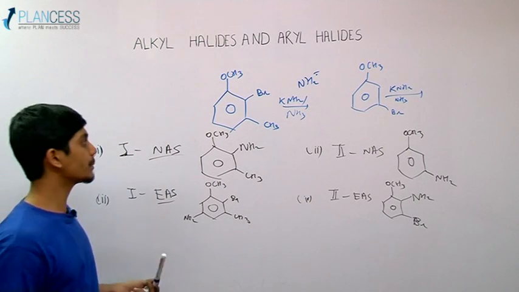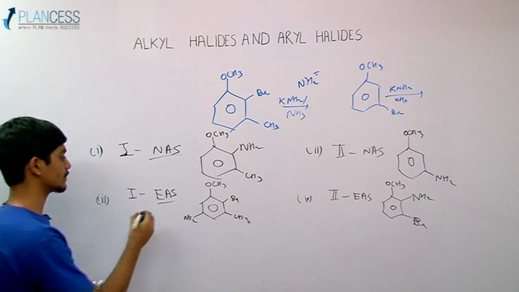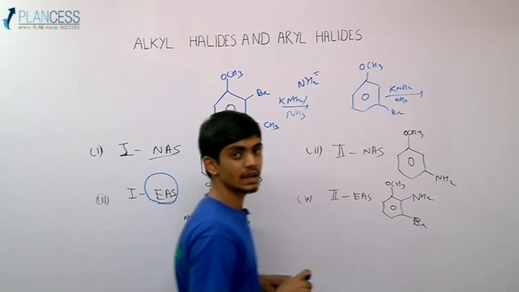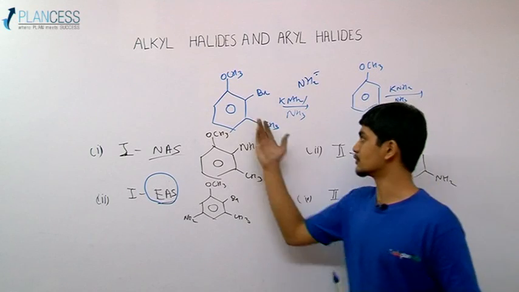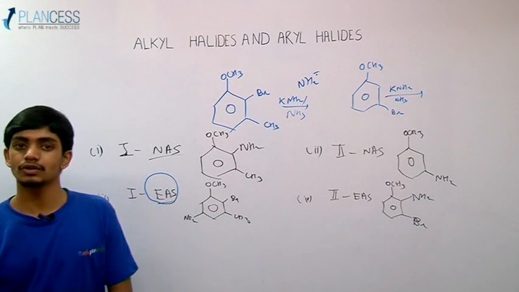So how can the reaction happen? You don't have an electrophile, both are nucleophiles. So how will electrophilic aromatic substitution happen? For electrophilic aromatic substitution, you need an electrophile so that the nucleophile benzene can donate its pi electron cloud.